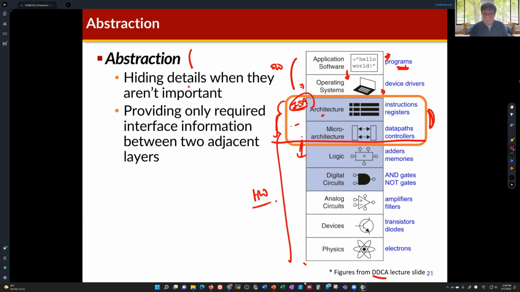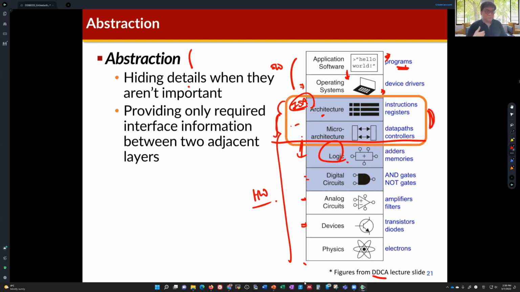And then devices, like how CMOS works, how CMOS transistors are built on silicon wafers. So these are the area of devices. In the analog circuit, we connect the CMOS transistors and then build some analog components. That is the area of analog circuits, then digital circuits, and then logic.